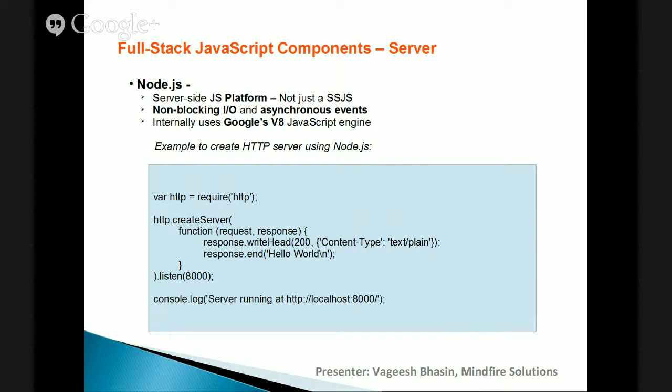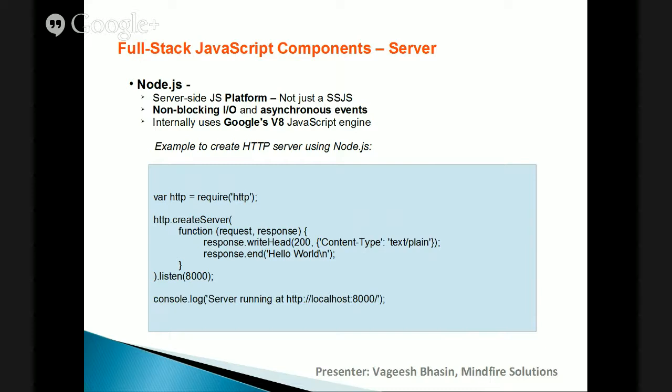Now this is a small snippet of creating just an HTTP server. This is only Node.js; HTTP is built into Node.js. It is not using Express.js. As you can see, requiring is the module import. I'm requiring the module HTTP within my script, and then I'm using the function createServer.